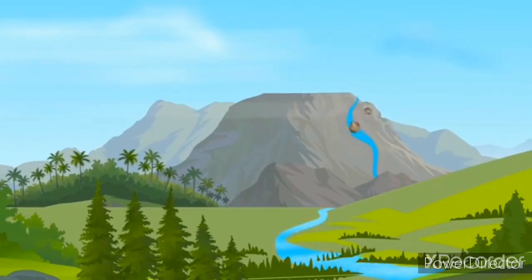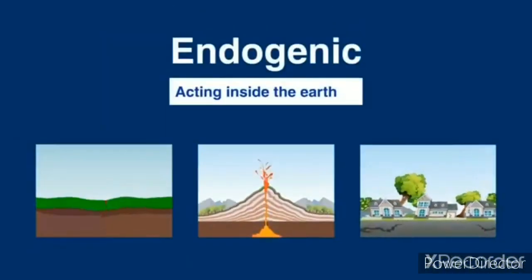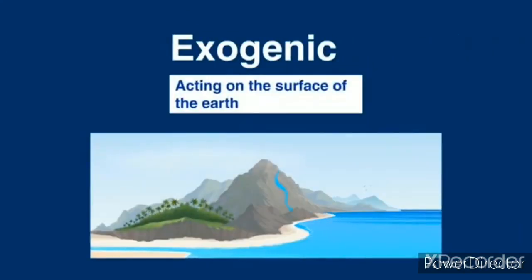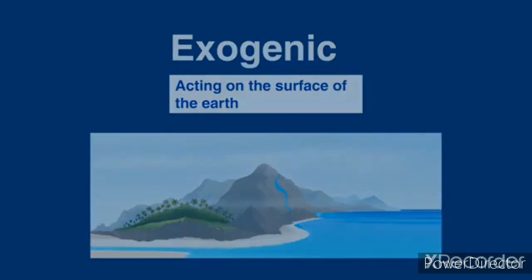Rivers erode mountains to form valleys and plains. So we learned how mountains, volcanoes, and earthquakes result from endogenic forces, whereas exogenic forces erode mountains over time into plateaus, plains, and valleys.